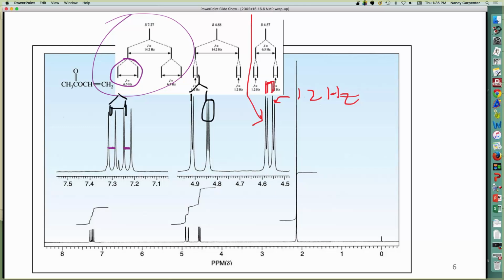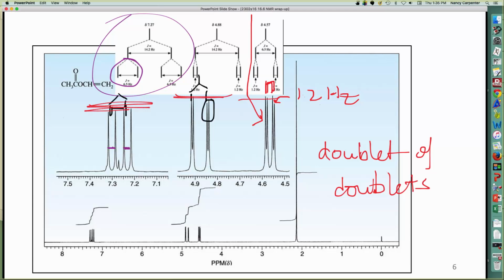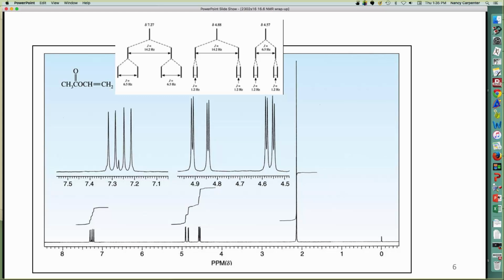So all three of these are known as doublets of doublets. And note that they are truly doublets. They're all equal height. And that is how you analyze these particular complex examples.